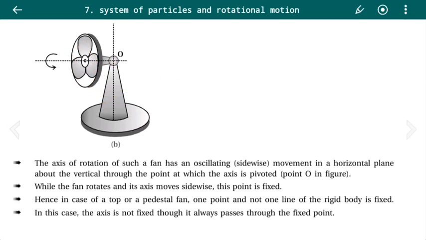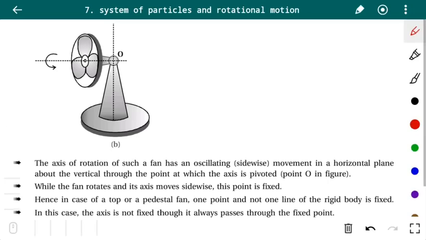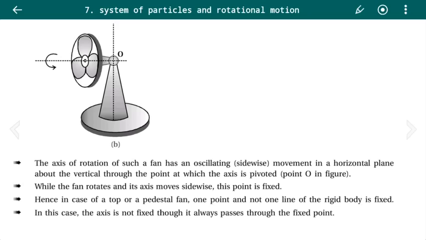While the fan rotates and its axis moves sideways, this point is fixed. That is, the point of contact or the pivot point is fixed, but the rotational axis changes sideways. Hence, in the case of a top or a pedestal fan, one point and not one line of a rigid body is fixed. Here, only the point of contact is fixed, but not the rotational axis.